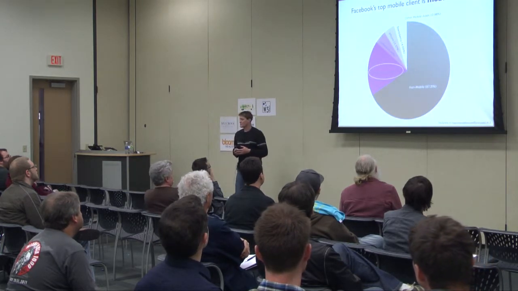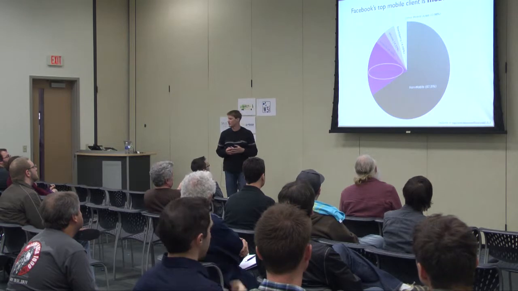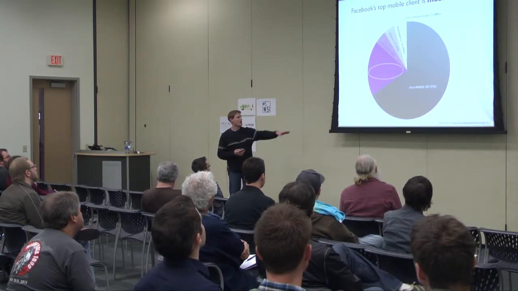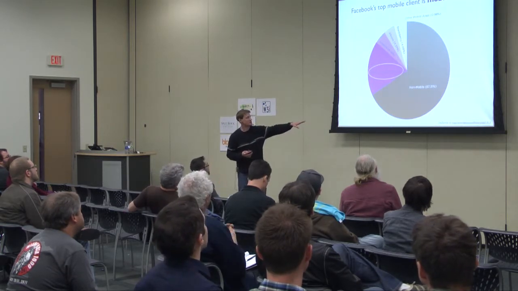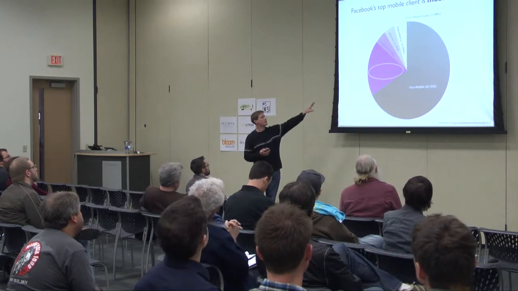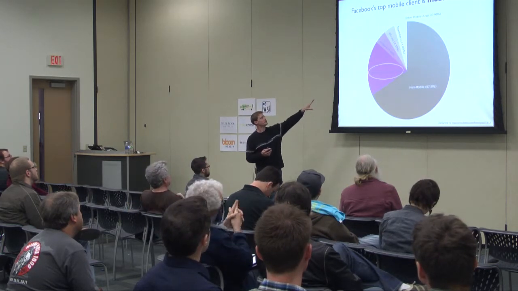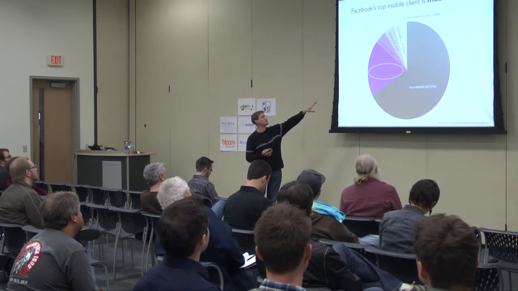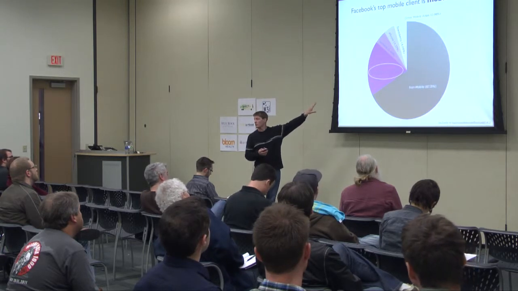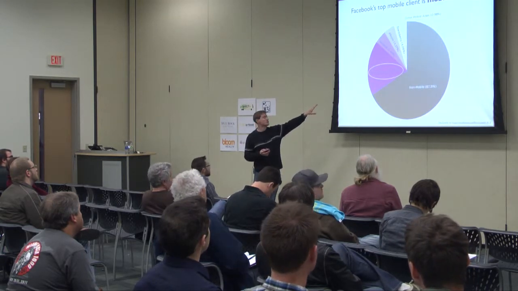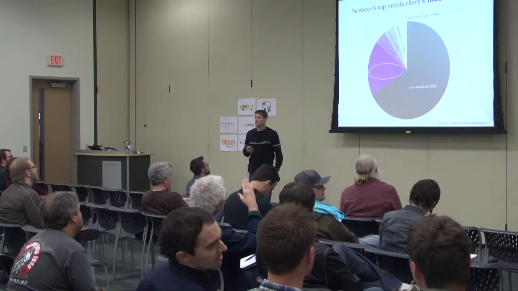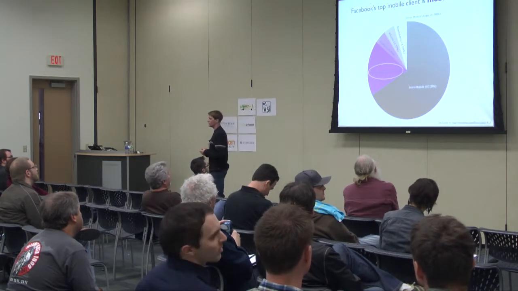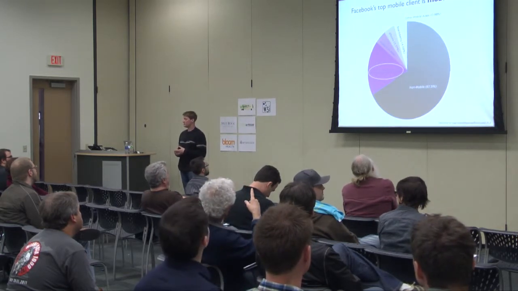From a mobile offering perspective, M.dot Facebook is their most popular platform. Obviously, desktop is most popular at 67%, but from their mobile offerings, M.dot is number one. It's quite a big discrepancy versus some of their native offerings. So M.dot is a very popular channel for those that can't discriminate against their audience.